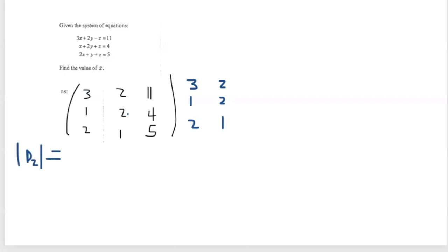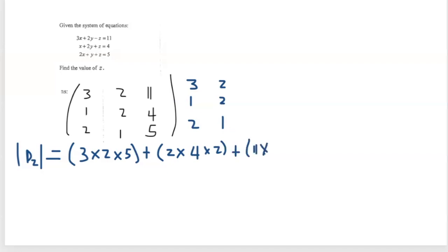So multiply 3 times 2 times 5, plus 2 times 4 times 2, plus 11 times 1 times 1.